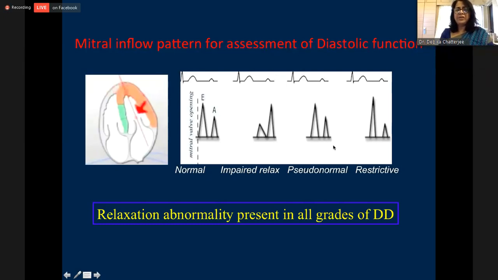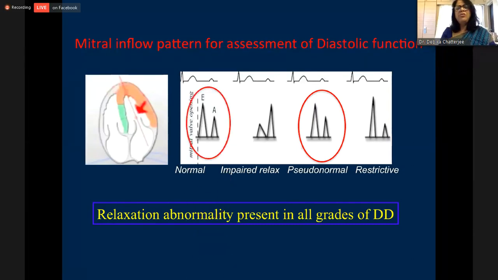the restrictive pattern. Now if we look at this pseudonormal pattern, where LA pressure is moderately increased, and look at the normal pattern, they look very similar. From here onward, the relaxation abnormality is there, but because of the raised LA pressure, the pattern changes from impaired relaxation to the pseudonormal and restrictive pattern.